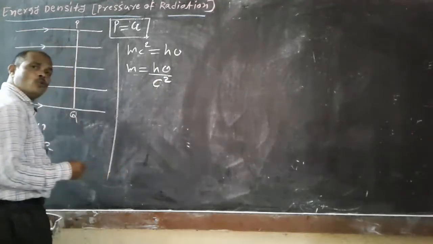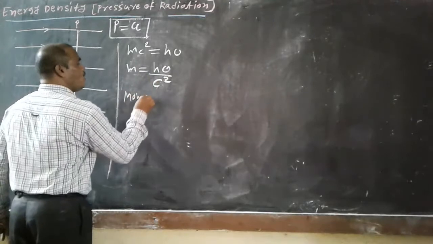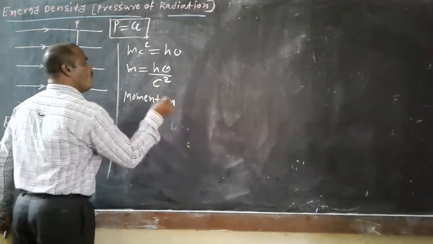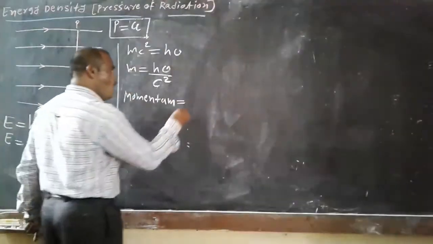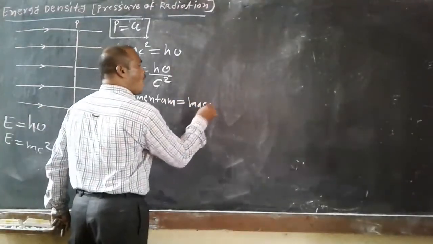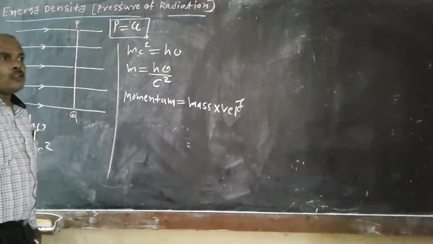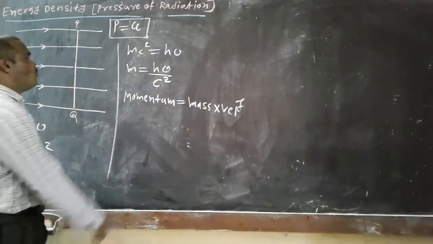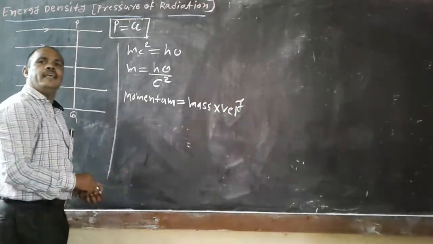Then we know that linear momentum is the product of mass and velocity. That is the general definition of momentum.